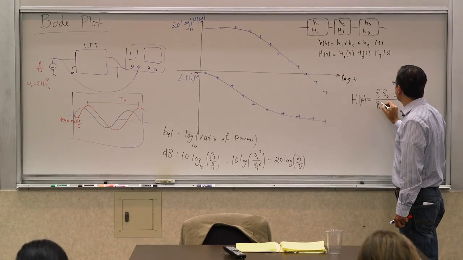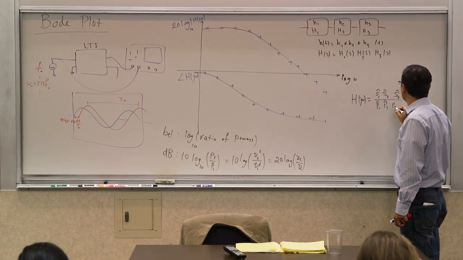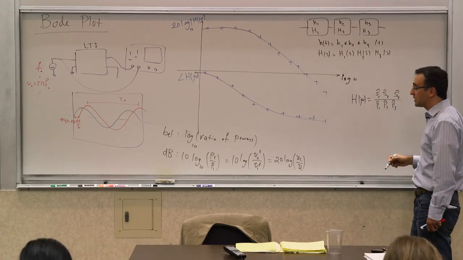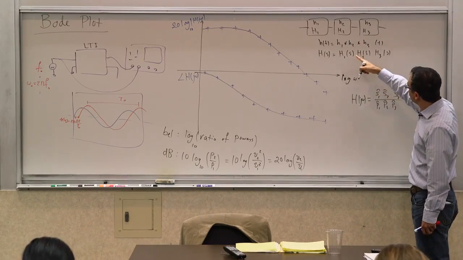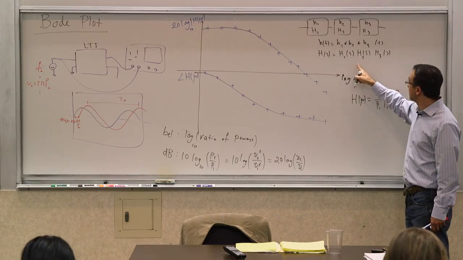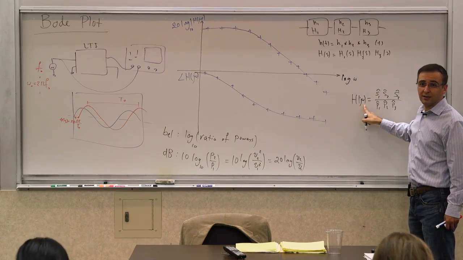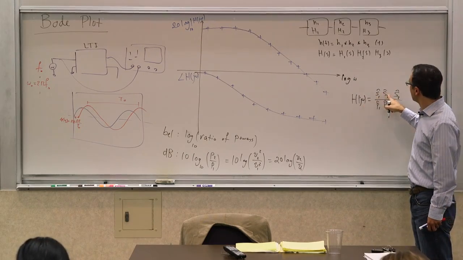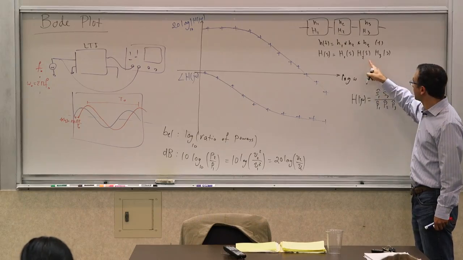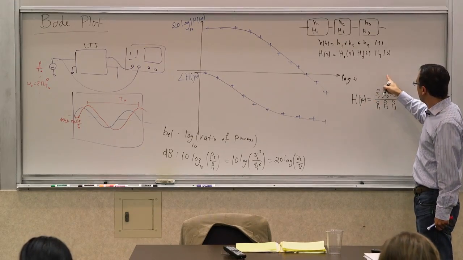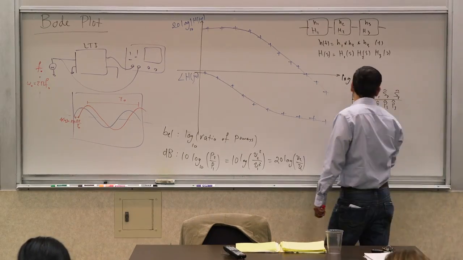And there are P1, P2, P3. So each one of these will produce these terms. This is the numerator of the first one. This is the denominator of the first one, evaluated for s equals j omega. This is the numerator of the second one, the denominator of the second one, evaluated for j omega, and so on and so forth.